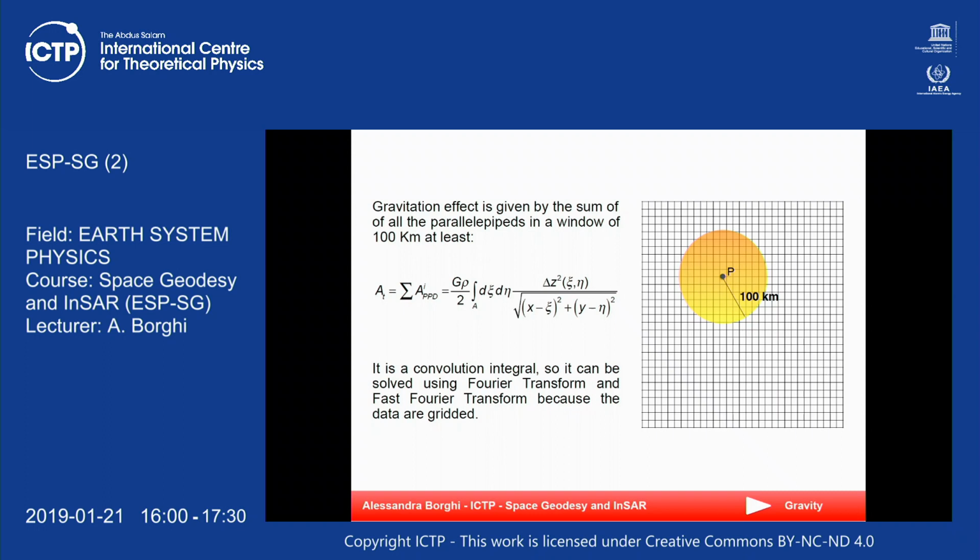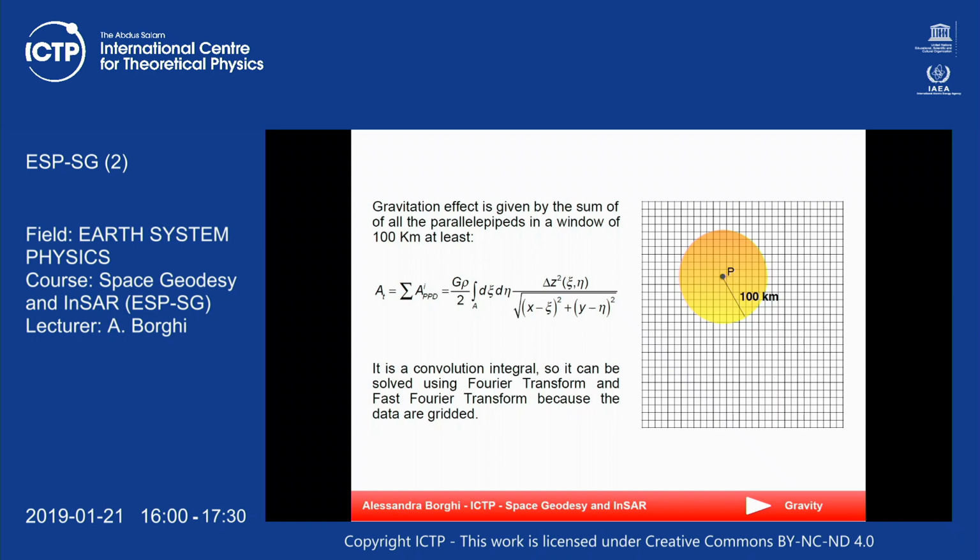When you deal with gravity, you have an integral from minus to plus infinity. So to be really correct, we have to use all the data all over the world.